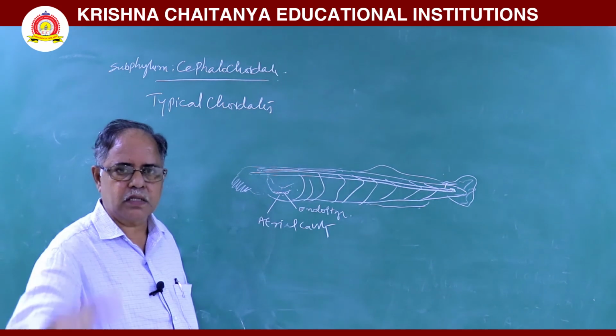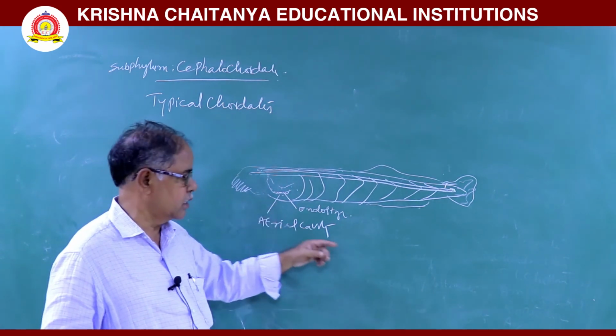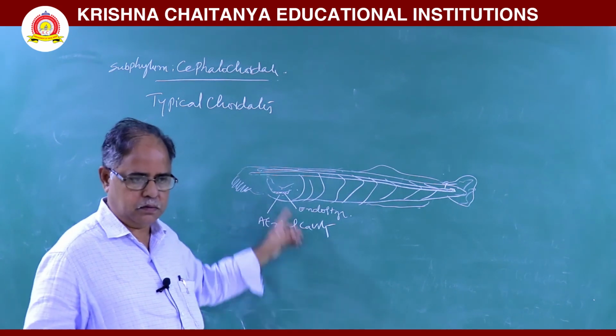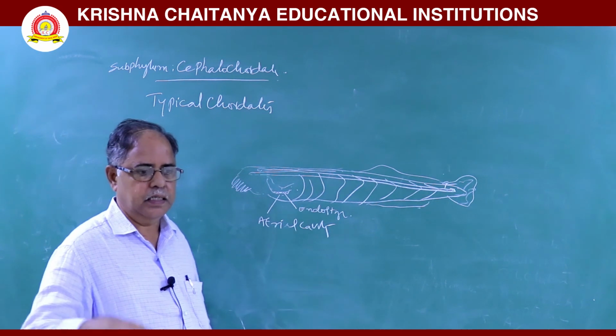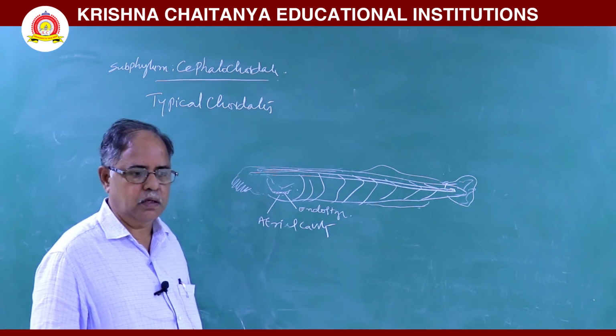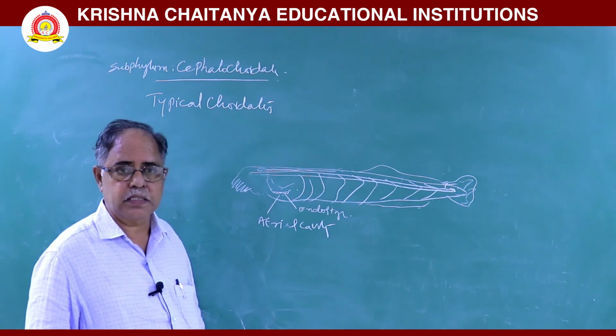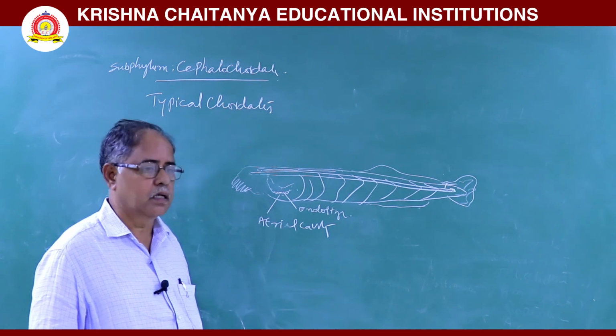Here gonoducts are absent. Next, these gametes are released into the surrounding water, and external fertilization occurs. During developmental stages, one larva is seen. That larva is called the ammocoete larva.